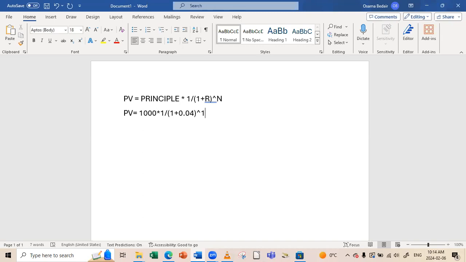Guys, it is the same thing if I remove this relationship, which means 1,000 divided by 1.04 power 1.